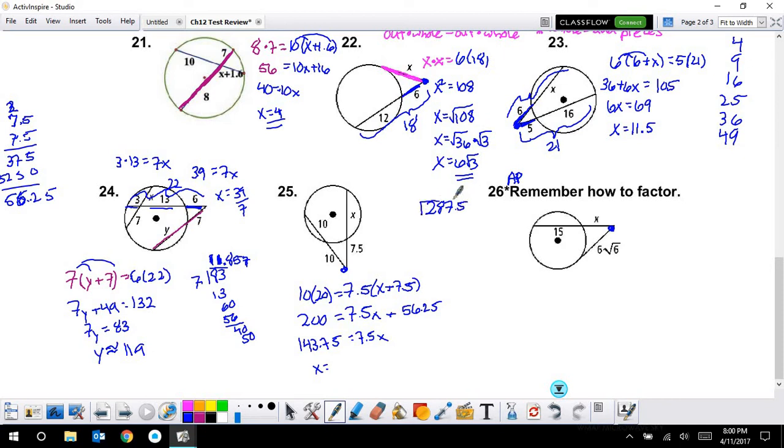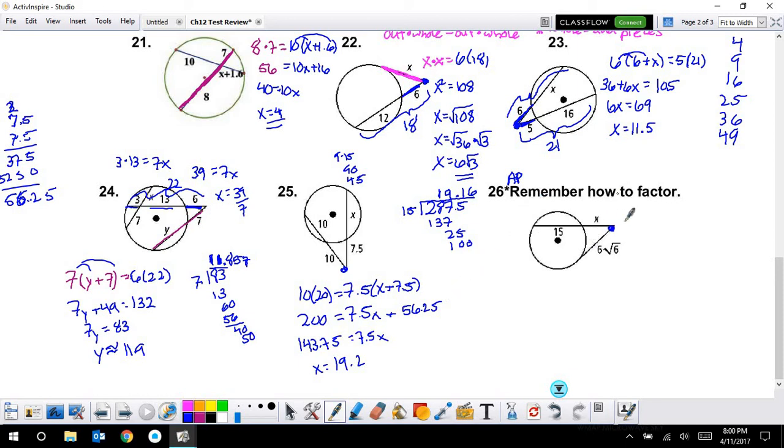Are you thankful you have a calculator? So you end up getting about 19.2. Okay, so it's 19.16, and then I'll keep going.